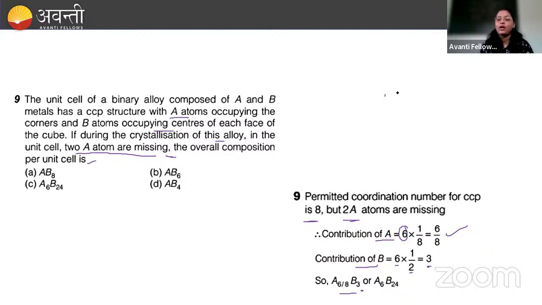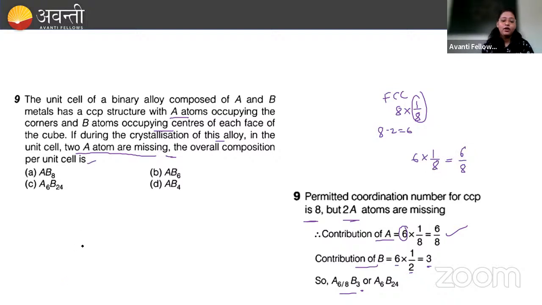Every time we write for FCC, 8 atoms are present at the corners and the contribution of each atom is 1 by 8. But here 2 atoms are missing, so 8 minus 2, 6 atoms will be present. So 6 atoms with contribution 1 by 8 gives 6 by 8.